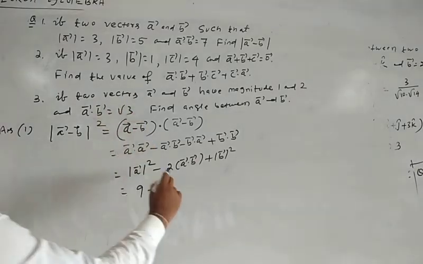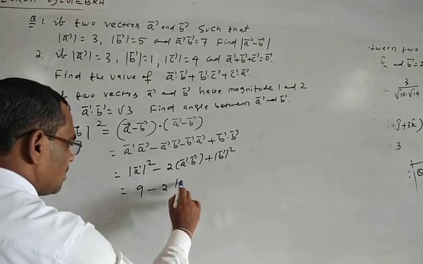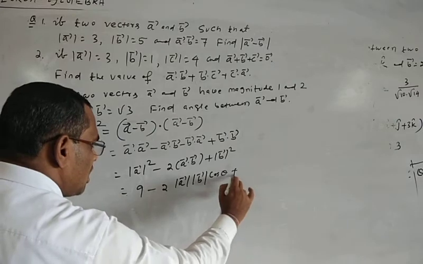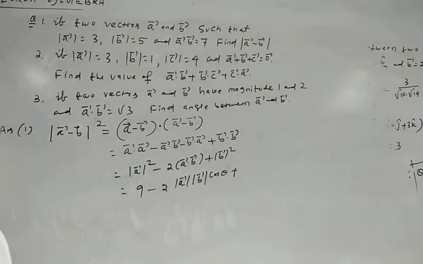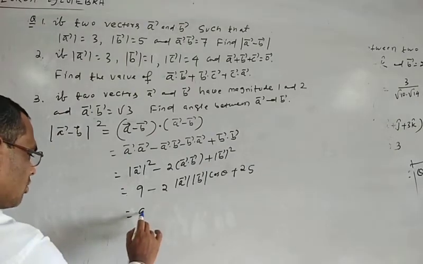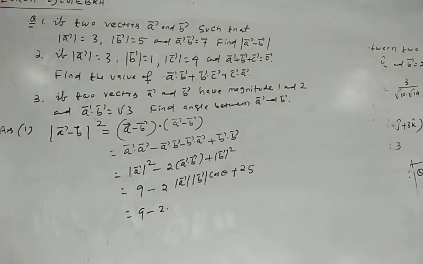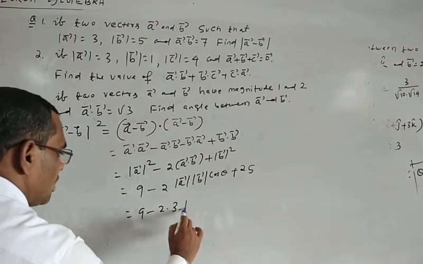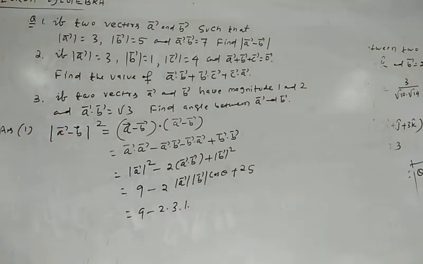A vector dot b vector means a vector magnitude, b vector magnitude, cos theta, plus b vector magnitude square is equal to 25, so 5 square is 25. So this is equal to 9 minus 2 into, what is a vector magnitude? 3. What is b vector magnitude? 5. And cos theta, how to calculate cos theta?